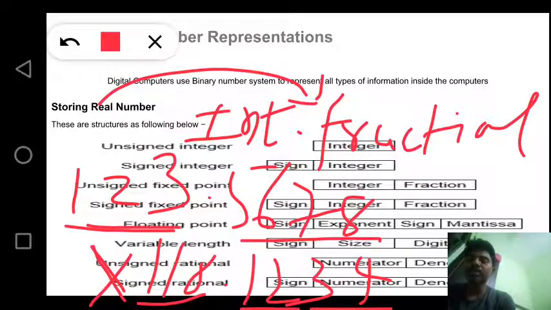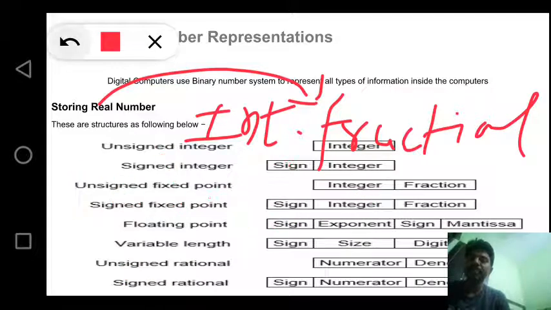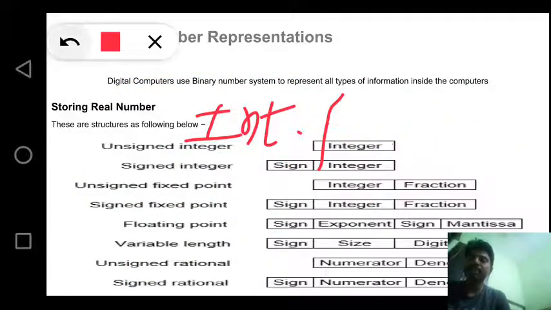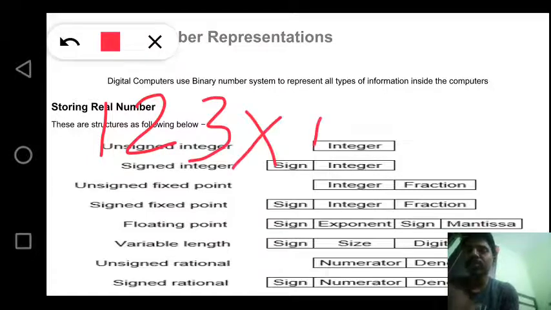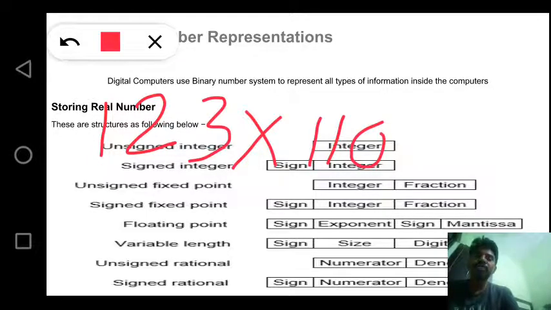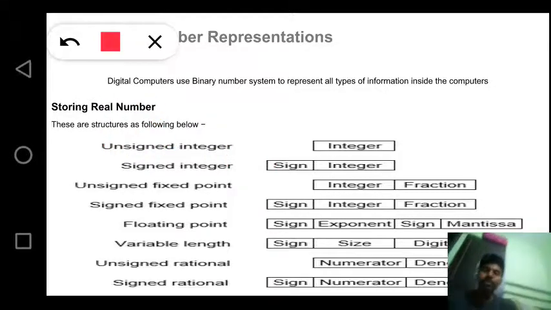So doing multiplication is a very complex task compared to simple integer multiplication. If I have the integers 123 and 110, this computation is quite easy compared with the real number multiplication. So it is very important to understand how real numbers are represented in a computer and how you do computation with them.